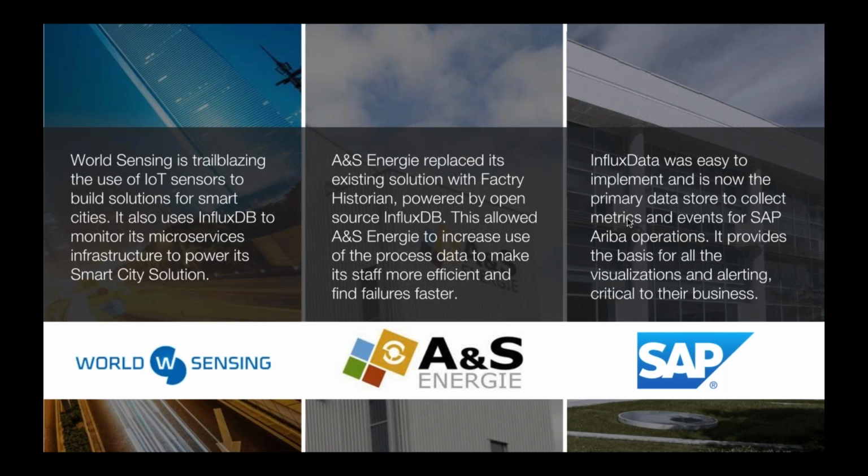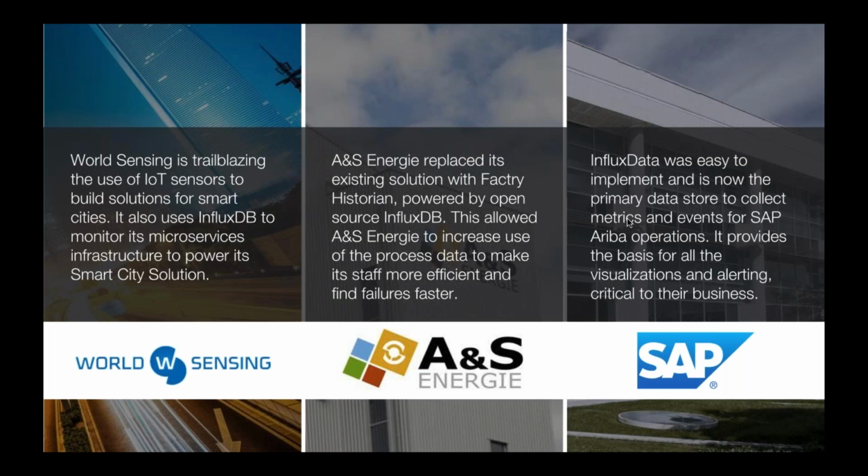So the first example is a company called World Sensing, based in Barcelona. They have a smart city solution where they have InfluxDB living underneath it. They initially started with just using it to monitor their servers, their normal infrastructure.